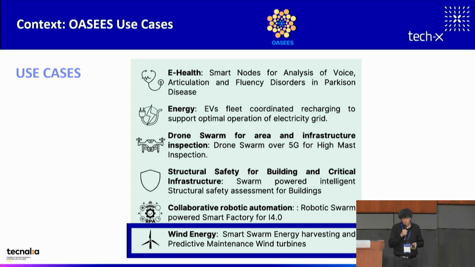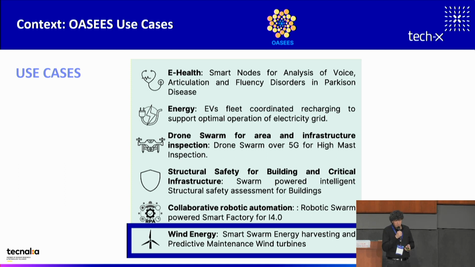There's a second use case that is in the area of electromobility. So that is related to the battery recharge of electrical vehicles for the optimal operation of the grid.